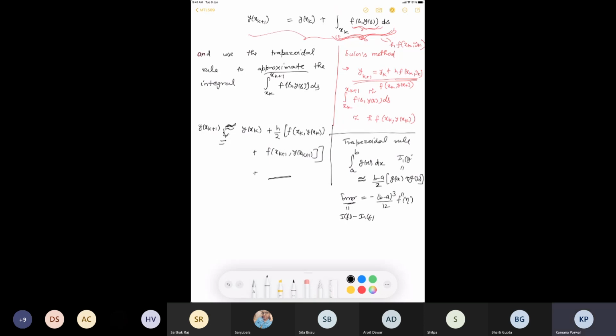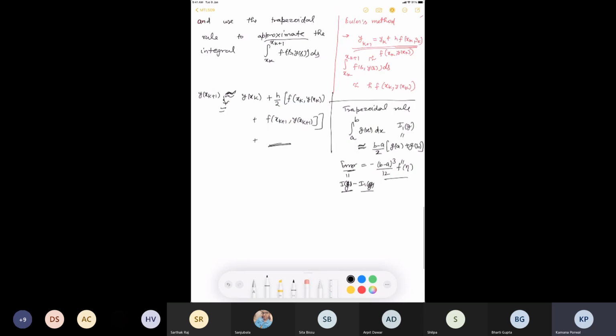Sorry, we are using g here. So the exact value is the approximate value plus this error term. This also gives the idea of what the truncation error is going to be in this case.